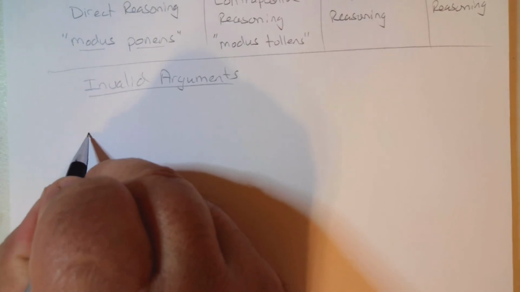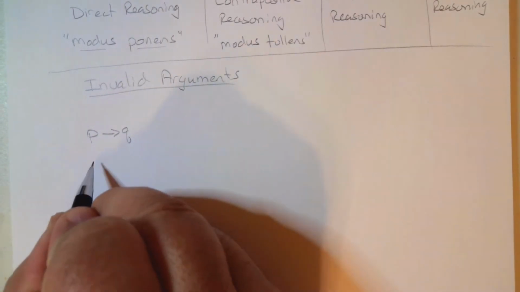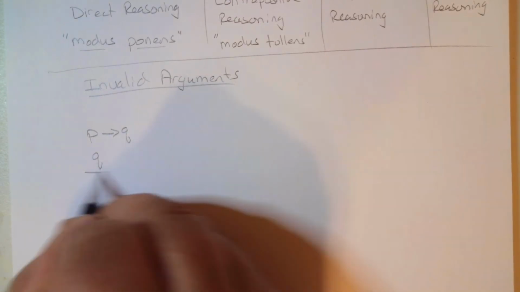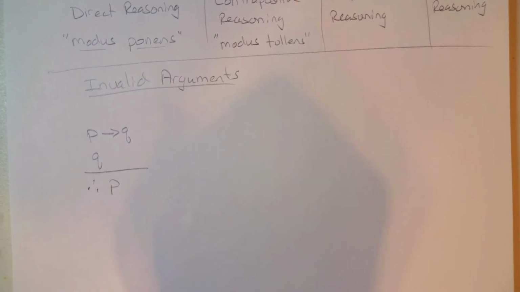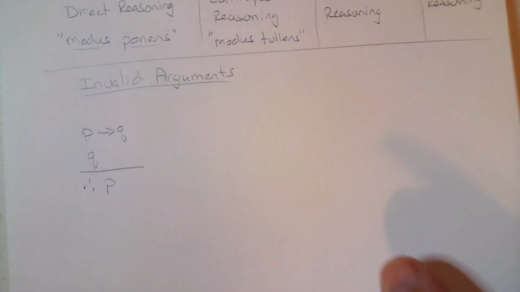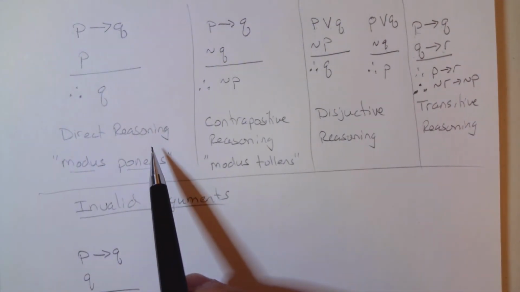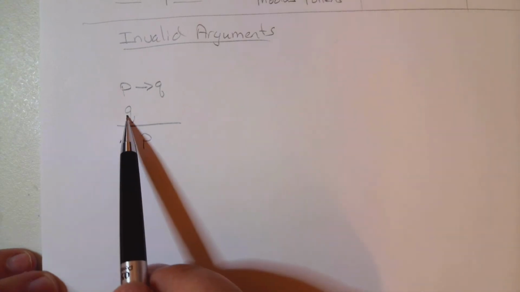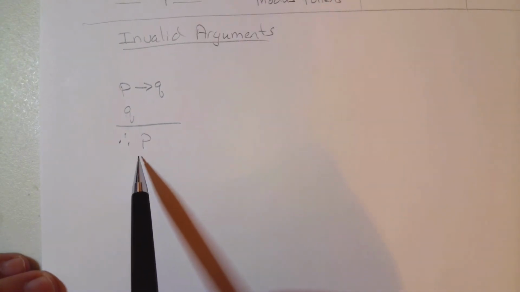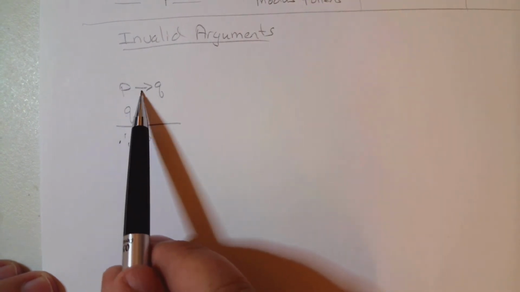The first one: if P, then Q, and Q, therefore P. Looking at the direct reasoning, it's saying that if P, then Q, and Q, then it has to be P. If it's Tuesday, then it's raining.